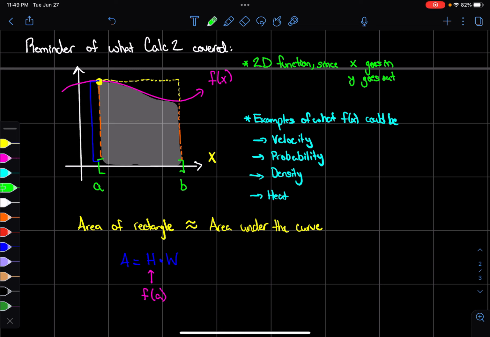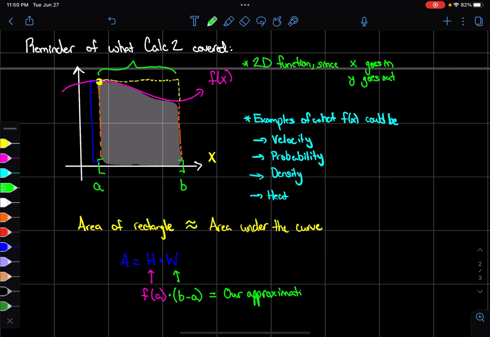And then what would the width be? Well, the width would just be the entire distance right here if we're just doing one rectangle. So we'd multiply this result by that distance, and distance is final minus initial. And whatever this calculation would be, this would give us our approximation.